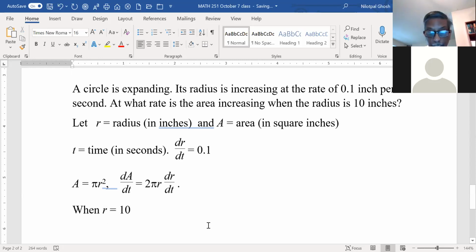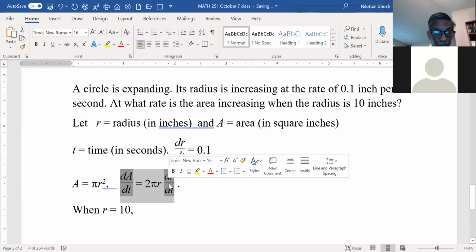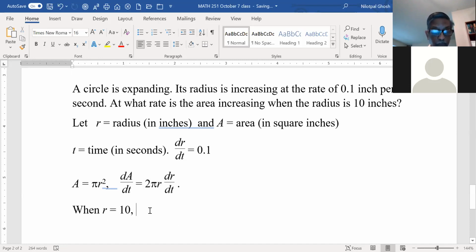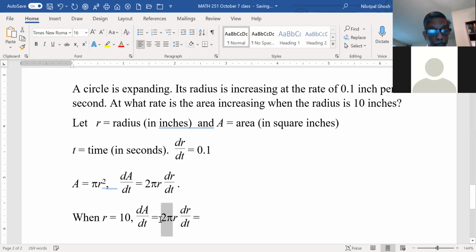When r equals 10, dA/dt equals, you plug in numbers, 2 times pi times 10 times 0.1, equals 2 pi.